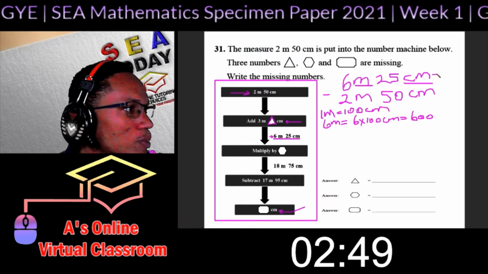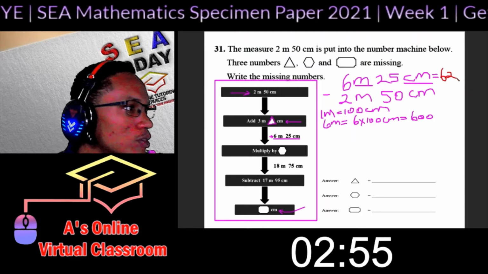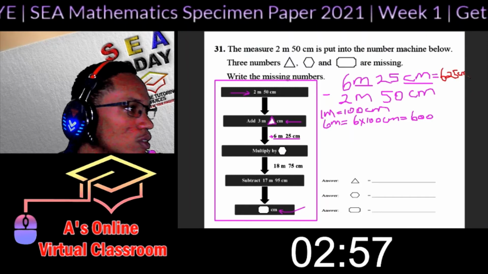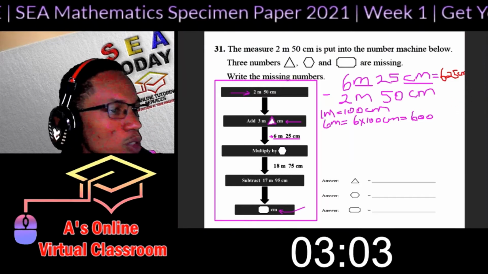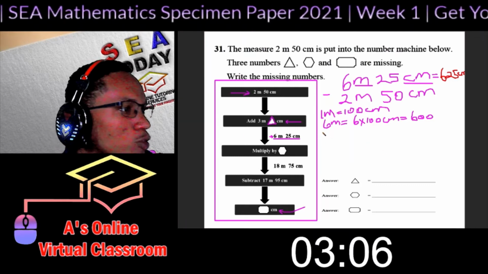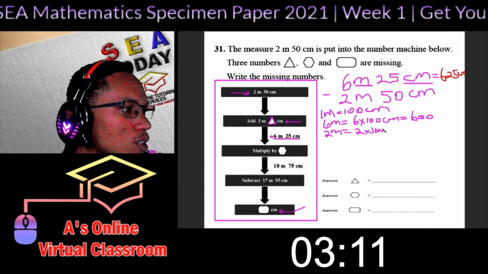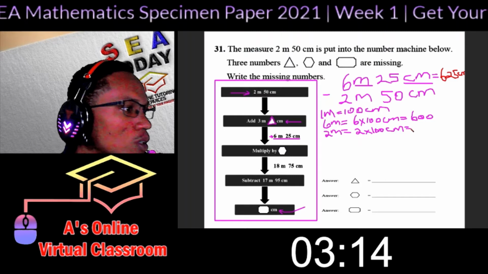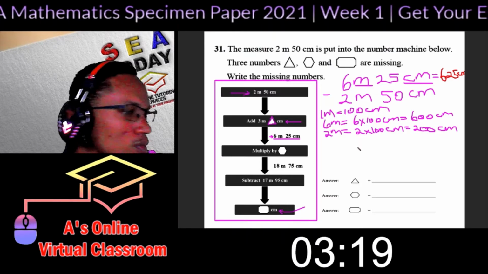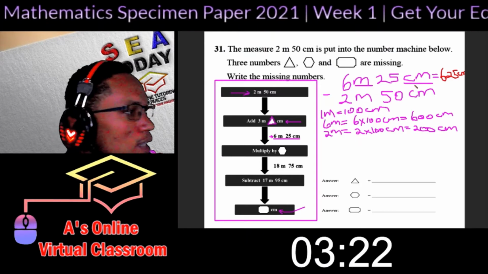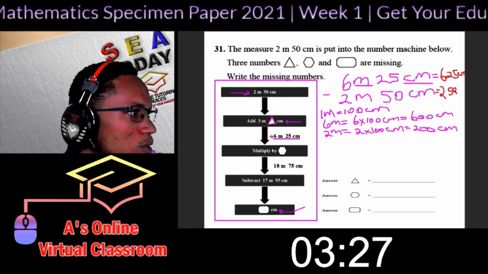So the first one on top, the total is supposed to be 625 centimeters. Right, I run out of space there. And the second one on the bottom, we'll do the same. We have 2 meters, which is 2 times 100 centimeters, which is equal to 200. These are both centimeters. So the second number would be 250 centimeters.